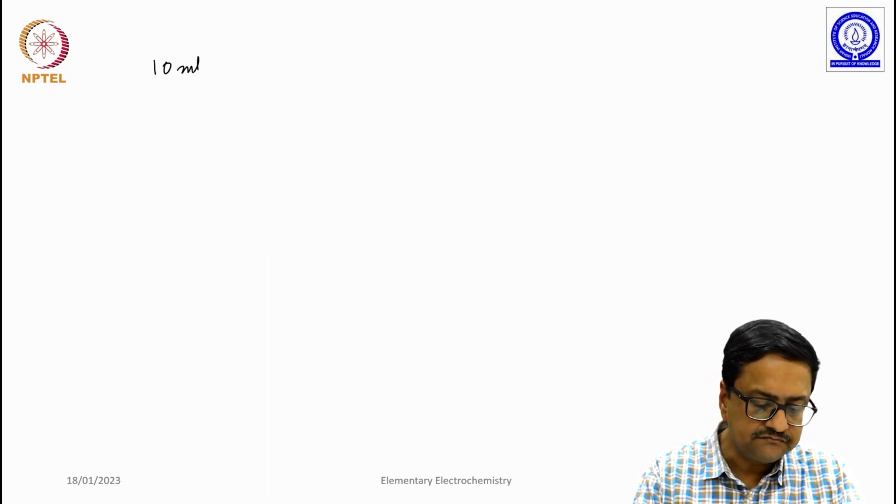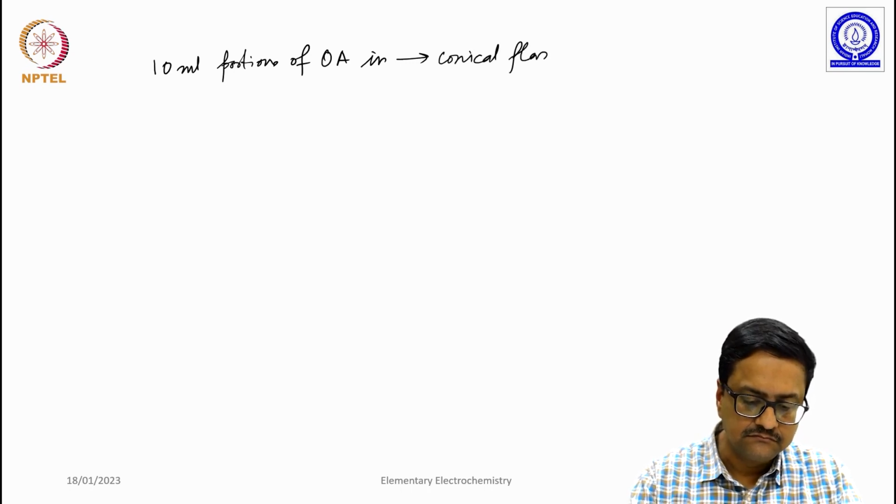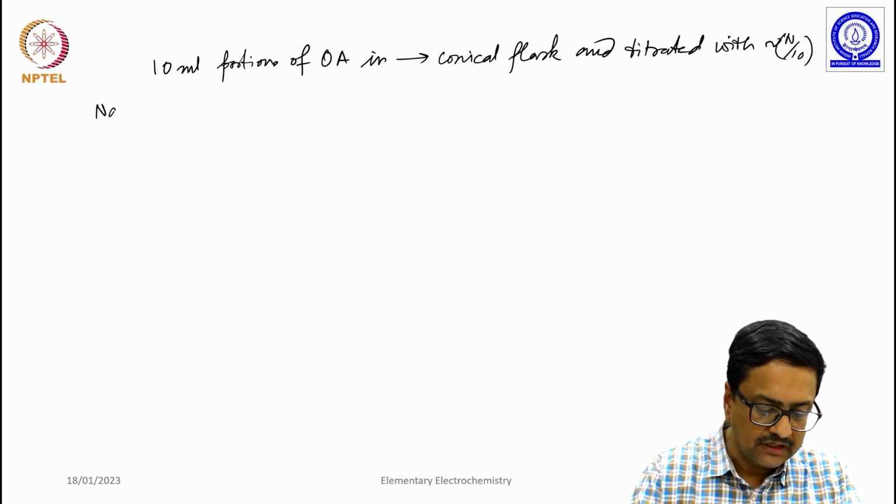After that what we had done is we had taken 10 ml portions of oxalic acid in a conical flask and titrated with approximately N by 10 NaOH solution.